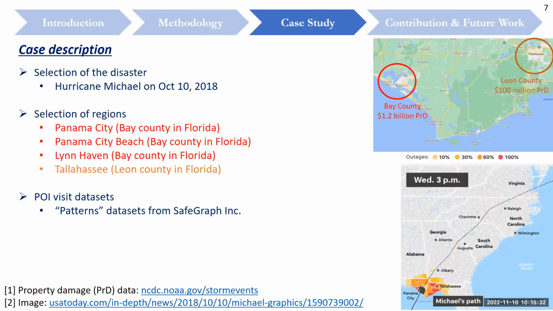The reason we picked Tallahassee is that we want to compare the heavily impacted geographic areas and less affected areas, and see the difference in the indicators we just introduced. We got the POI visitation dataset from the SafeGraph company. We use the data from September to calculate our baseline, and the data in October and November to calculate the during-disaster phase and the disaster recovery phase.